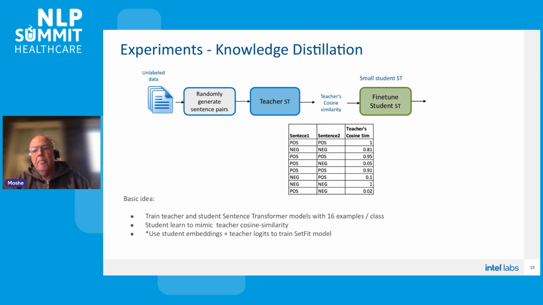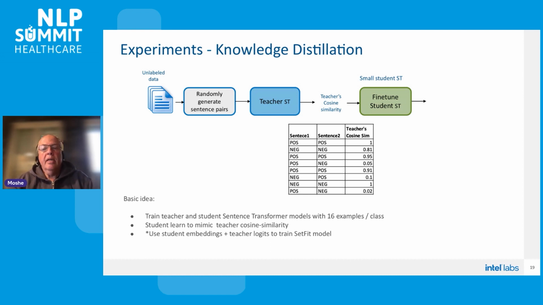The first step of the distillation setup was to train the teacher model using 16 labeled examples per class. And then, as you can see in the block diagram, we trained the student sentence transformer to mimic the teacher by minimizing the loss between the student output and the teacher cosine similarity. We have all the details in the paper.